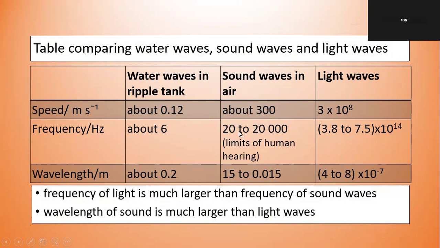Frequency of light is greater than that of sound wave. Wavelength of sound is larger than wavelength of light. That's the estimated wavelength corresponding to this frequency. That's the wavelength of light, very, very small. You need to memorize the magnitudes involved.